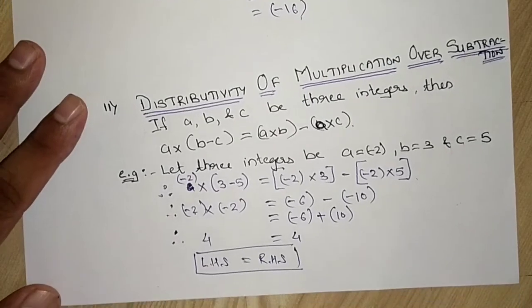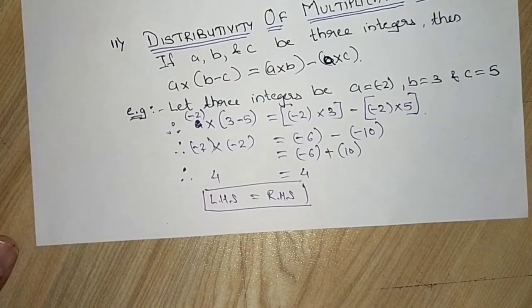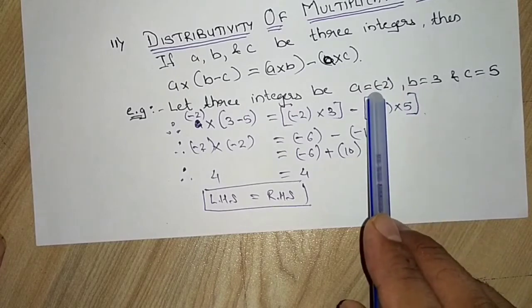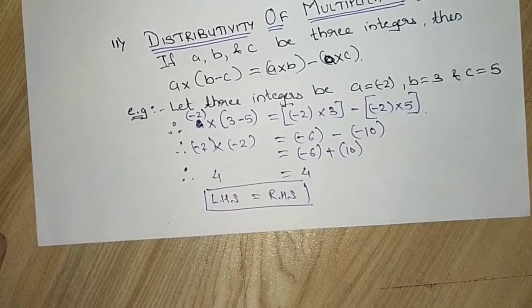So without wasting time, already I have solved for you. I have taken the same three integers which I have taken in 10th number question. A is equal to minus 2, B is equal to 3 and C is equal to 5.